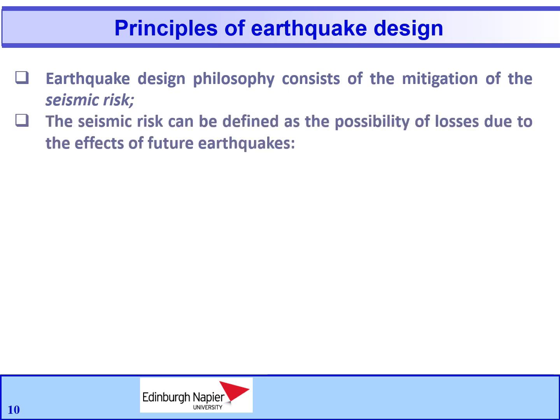The seismic risk can be defined as the possibility of losses due to the effects of future earthquakes. Quantifying the costs of an earthquake is difficult, and of course, the most important losses are death and injury to human beings, and then we come to damage to the built and natural environments.